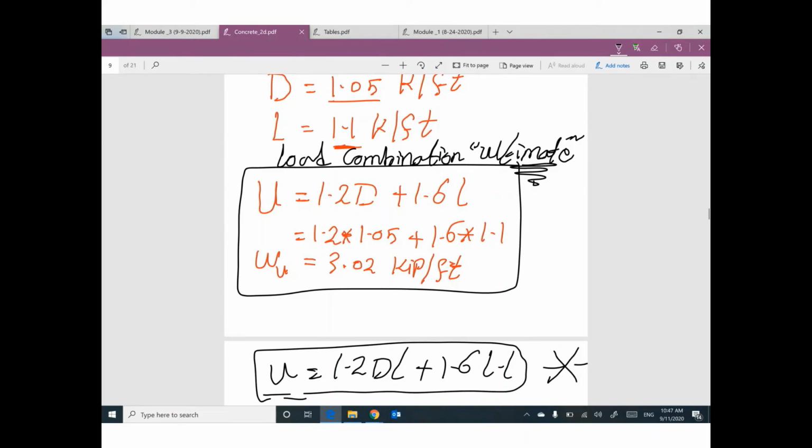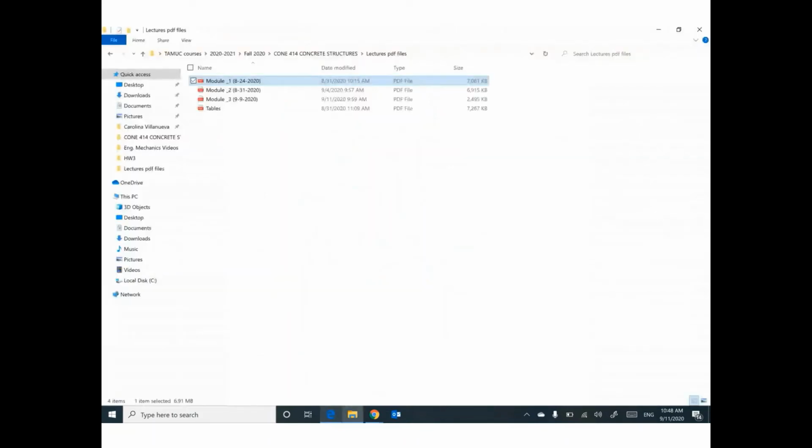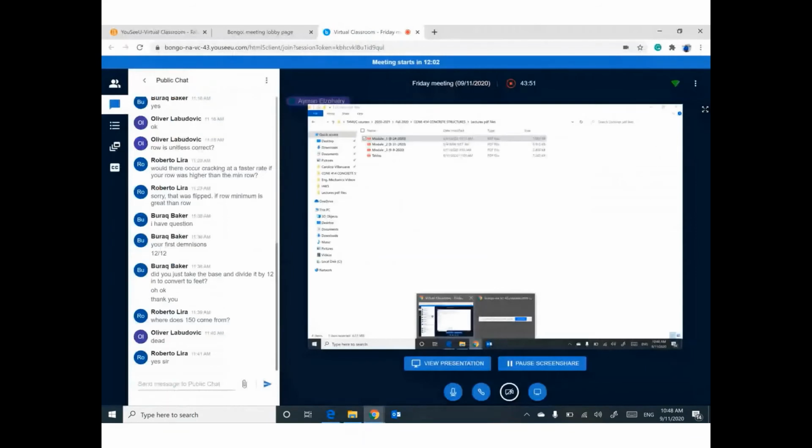Please put this equation in your mind also, because in this course we will cover only dead and live. This course is only for dead and live, so all the time we will combine dead and live together. How can I do this in the ultimate stage? I need to multiply dead load by 1.2 and live load by 1.6. Until this moment, do you have any question?